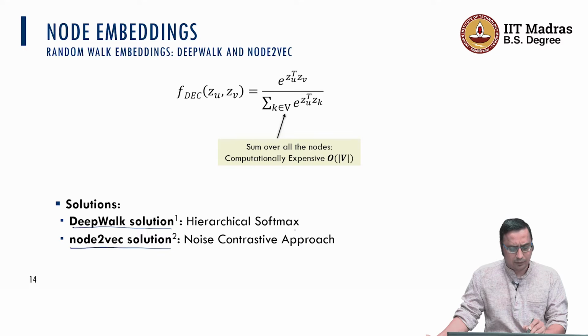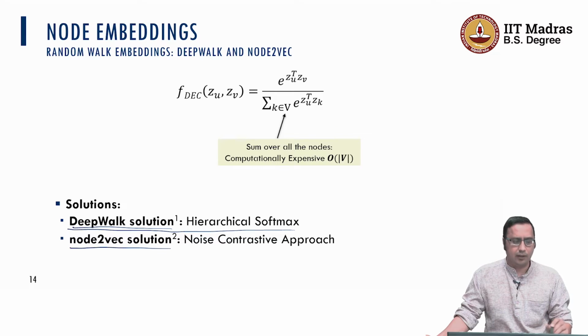In this particular course, we will concentrate only on DeepWalk solutions. However, we will also teach you how to implement node2vec solutions, which are a little different from each other in certain aspects of how we generate the walks.